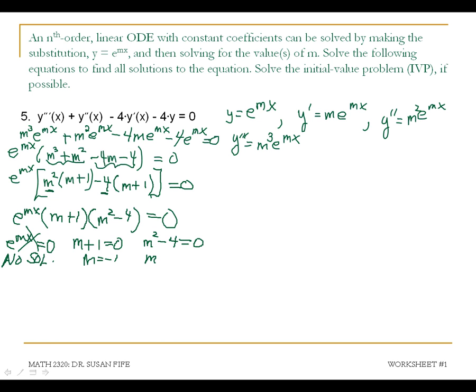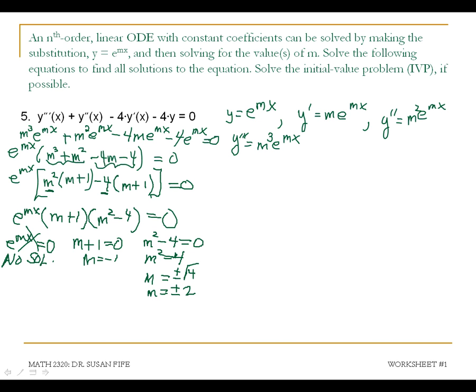You get m squared is equal to 4. You can take the square root of both sides. You'll get two answers, plus or minus the square root of 4, or plus or minus 2.